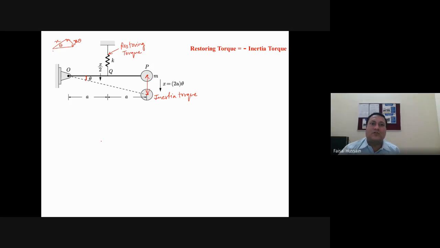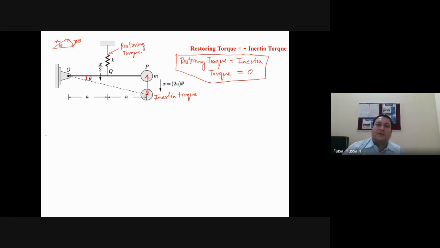Why negative? Because both are in opposite direction. I can also write this equation as, by using the D'Alembert principle, that the summation of all the torques, restoring torque plus inertia torque, is equal to 0.